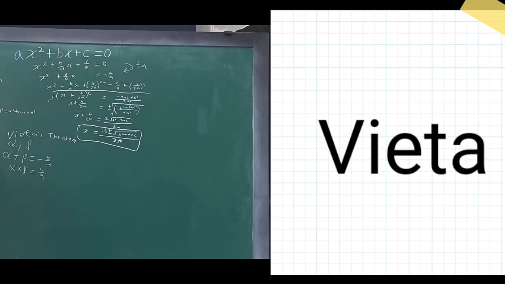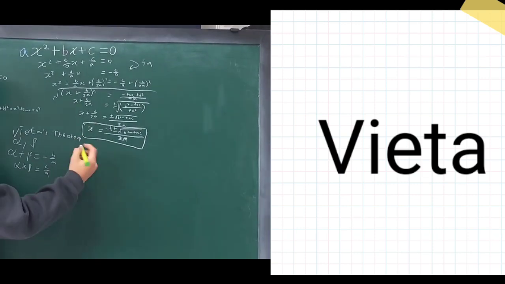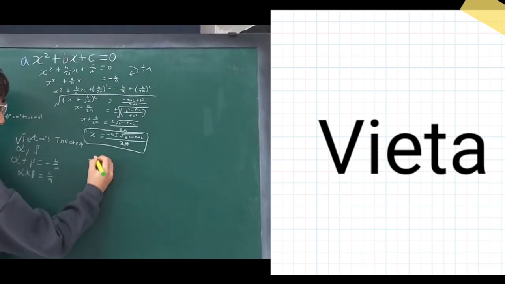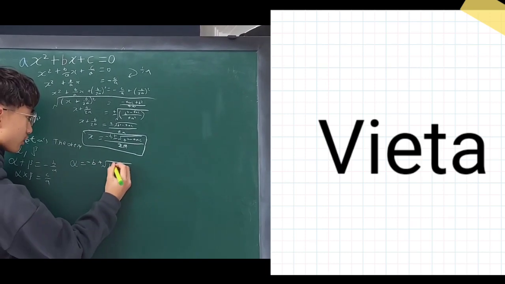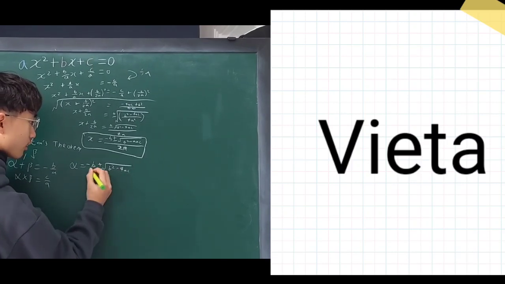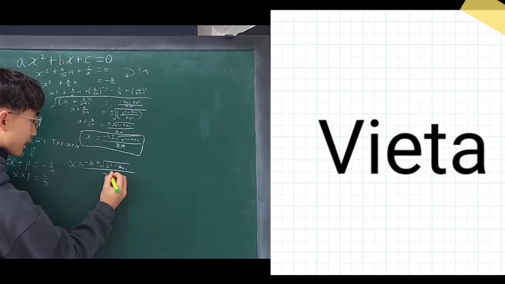Now how I got this is by, since one root of an equation is, let's say, alpha equals negative b plus the square root of b squared minus 4ac over 2a.